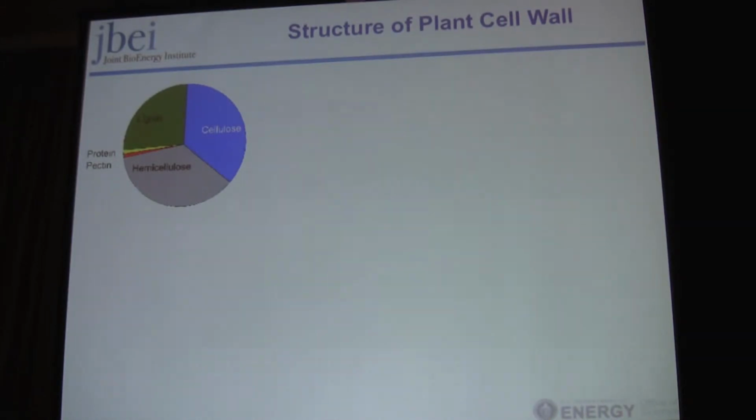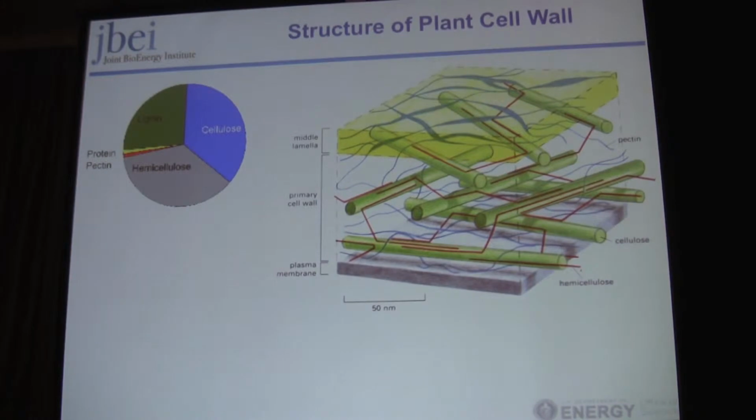In plant biomass, the majority of it is secondary cell wall, which is made up of lignin, cellulose, and hemicellulose. Cellulose microfibrils form a matrix with hemicellulose and lignin, and this rigid cross-linking gives the plant its shape, structure, and protection from outside stresses and pathogens as well.